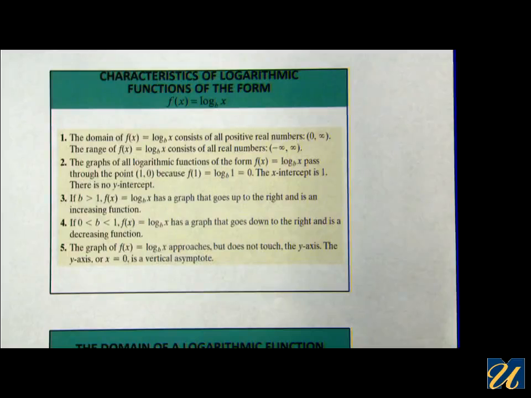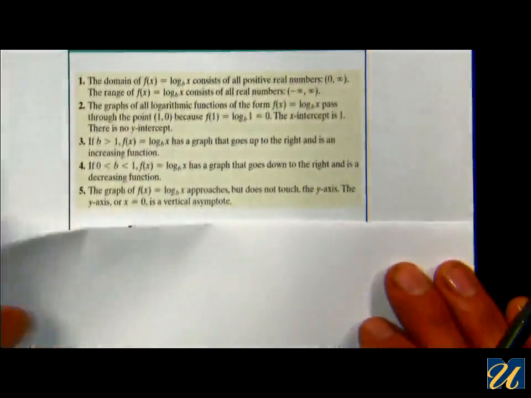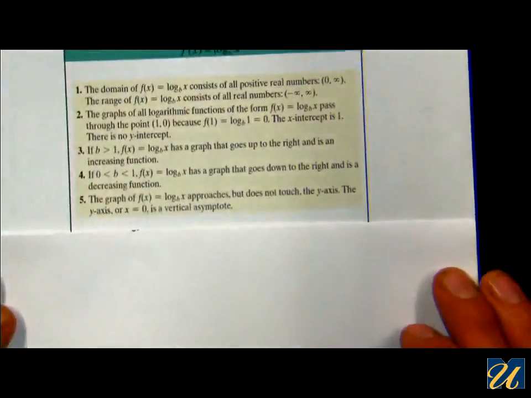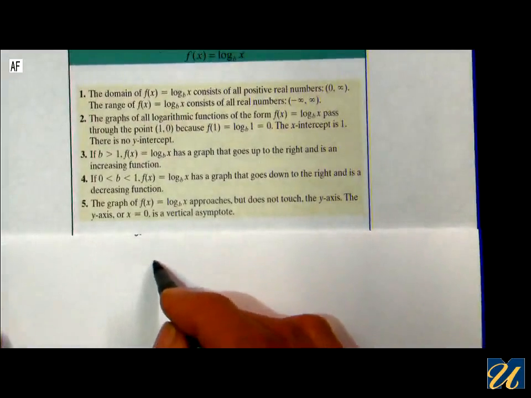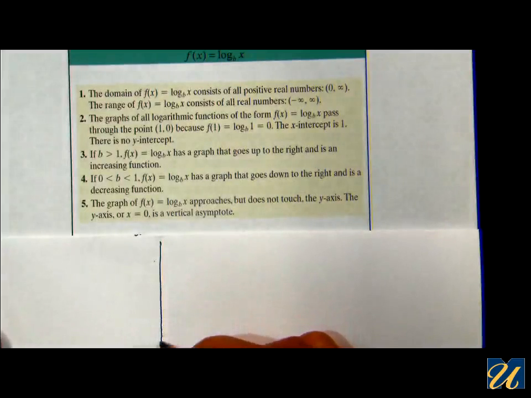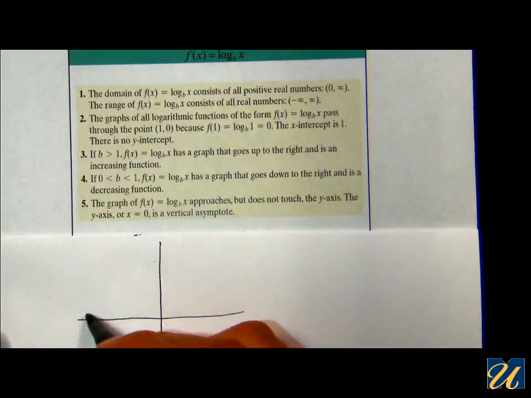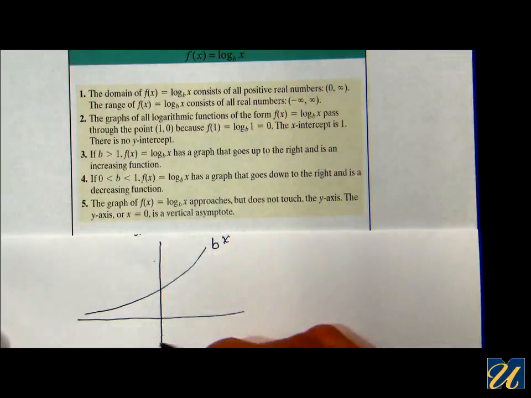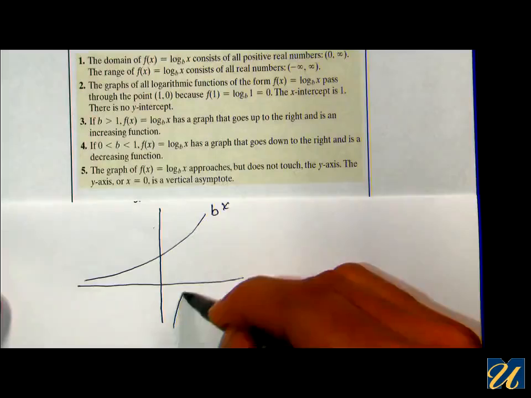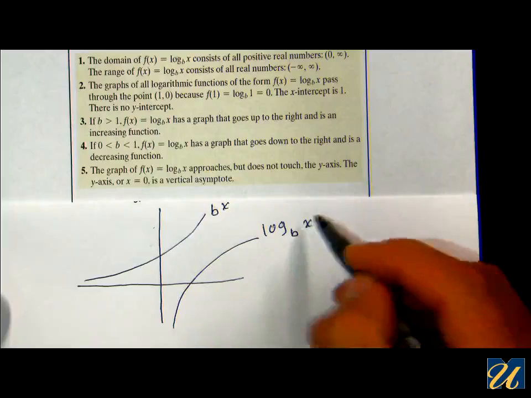Remember that the domain and the range are interchanged, right? So it's helpful if we also have, at the same time, a graph here to look at. So we've got b to the x here, log base b of x here.